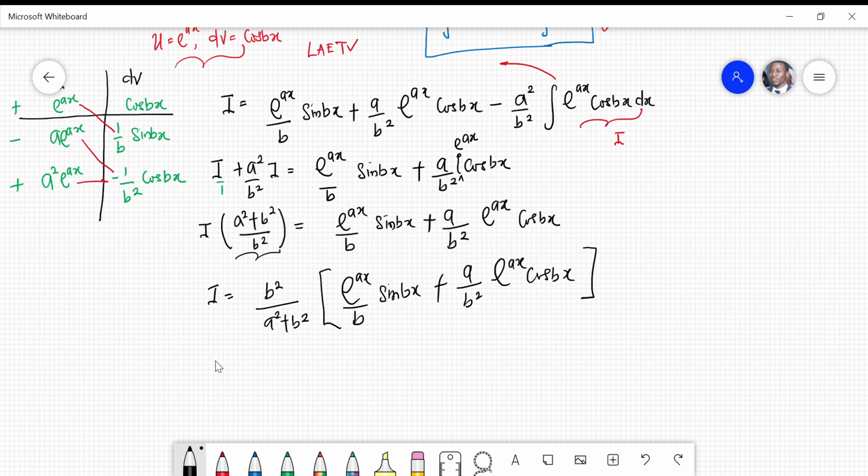On simplifying, I have I equal to 1 over a squared plus b squared, times b e to the power of ax sine bx plus a e to the power of ax cos bx. And that's it. I know it's very simple, and that's why we're using this method. It's the tabular method. It's quite simple.